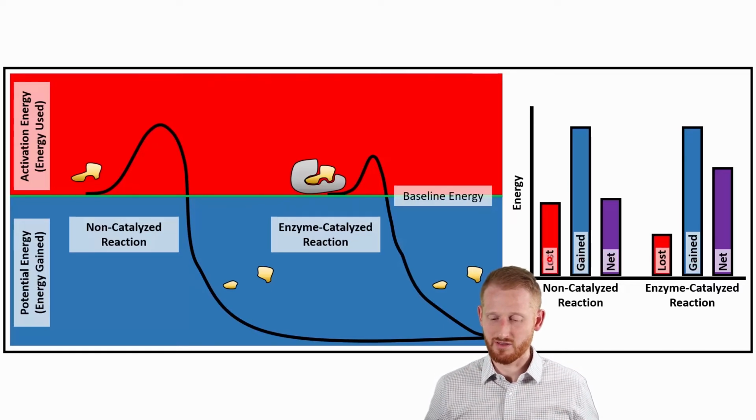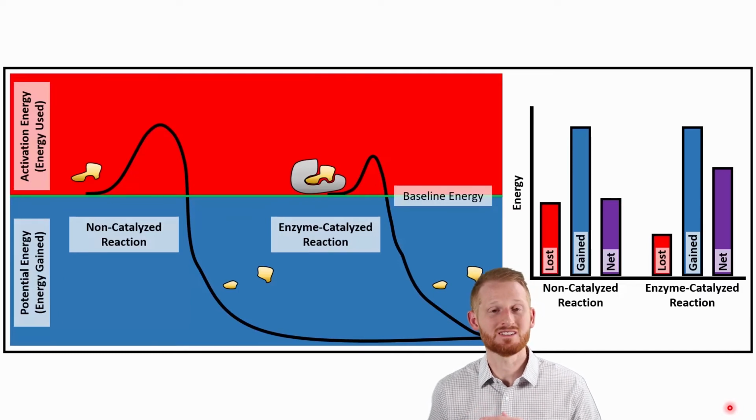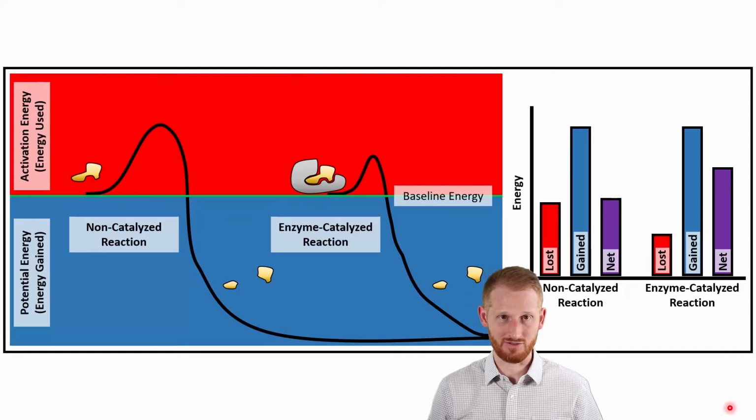So removing the lost energy from the gained energy gives you your net. So without the enzyme present, we get some energy. With the enzyme present, we get quite a bit more net energy out of breaking down this substrate. Because again, you don't need to have as much investment energy in order to get the substrate to break down.